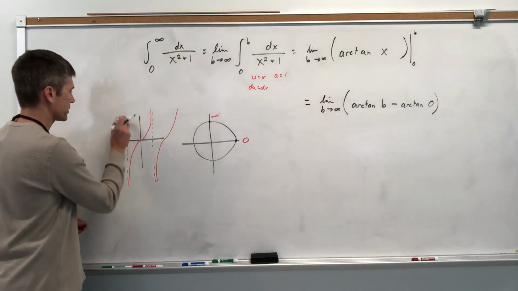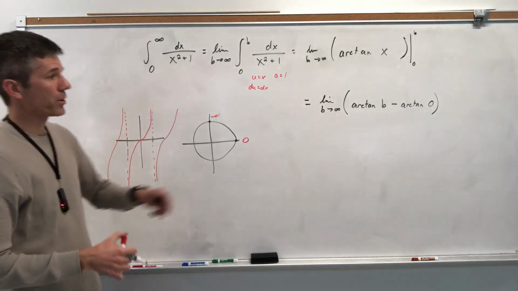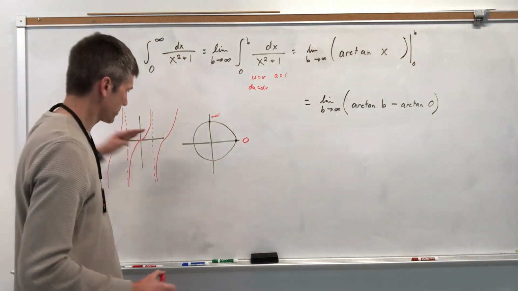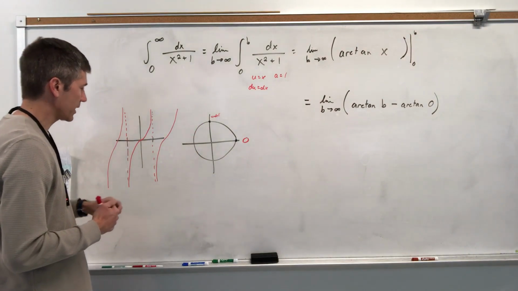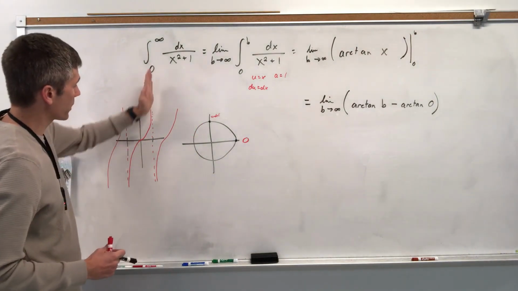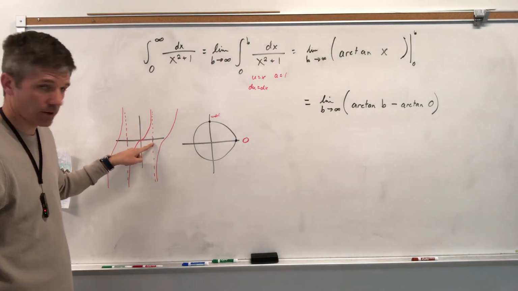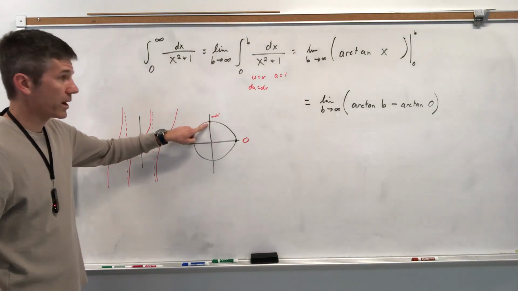But we're only going to be focusing on that. So as b approaches infinity, which has no choice but to approach infinity from one direction, as we're going up towards it, we're approaching this x value right here, which would be pi over 2, which is the radian measurement here.